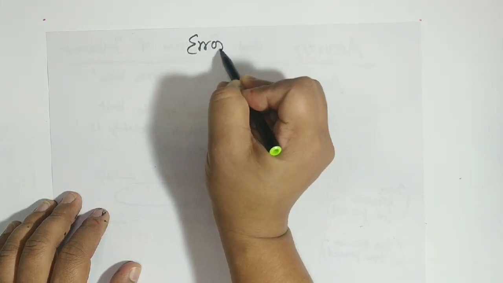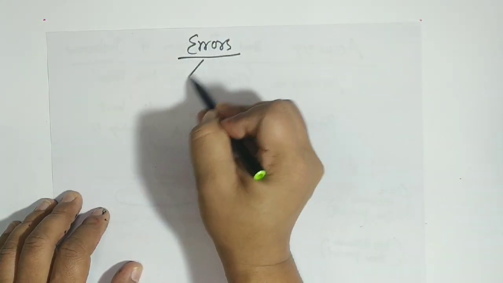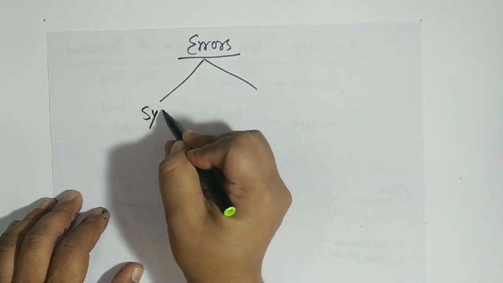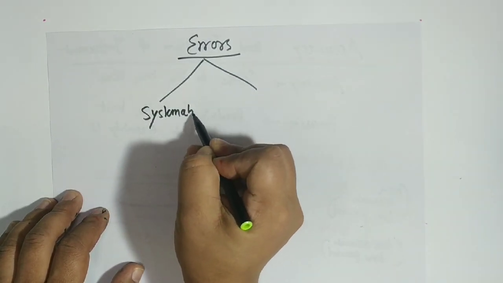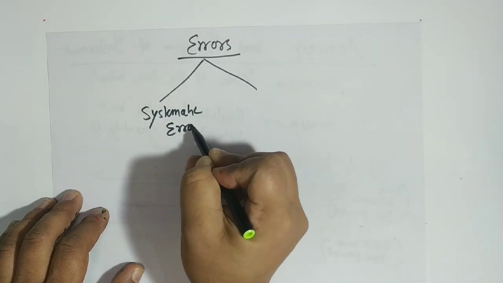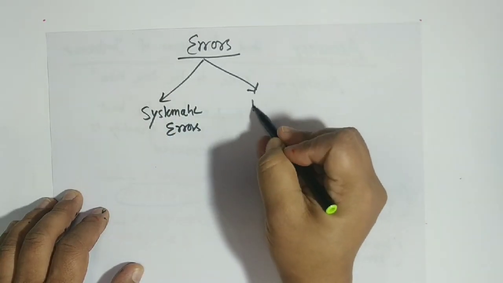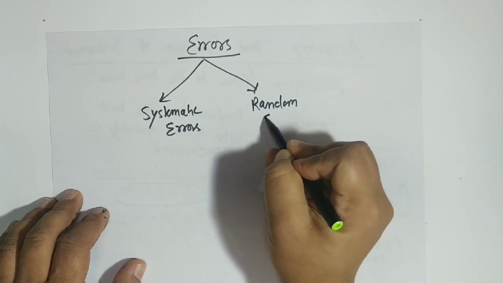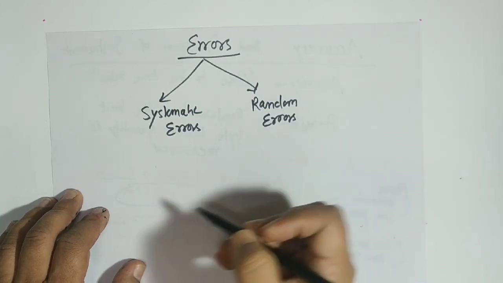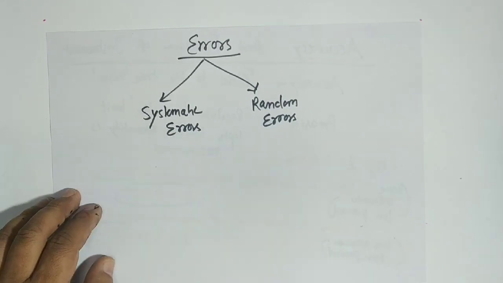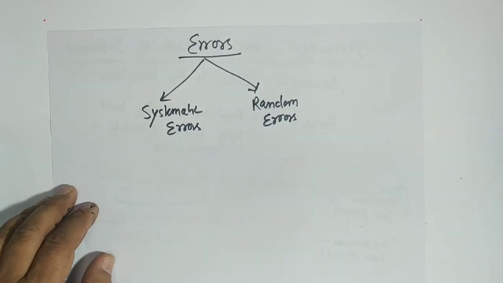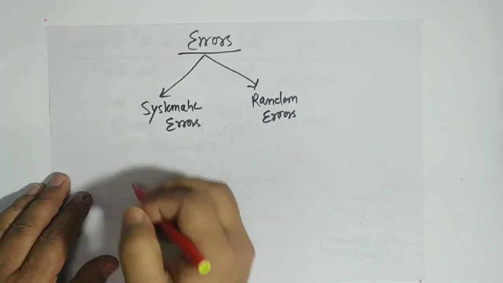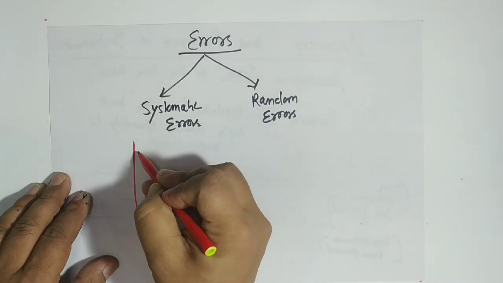Now when we talk about errors, there are basically two types of errors you will deal with. One is systematic error and one is random error. Systematic and random error. Okay. If you see, systematic error is further classified and it has three types.